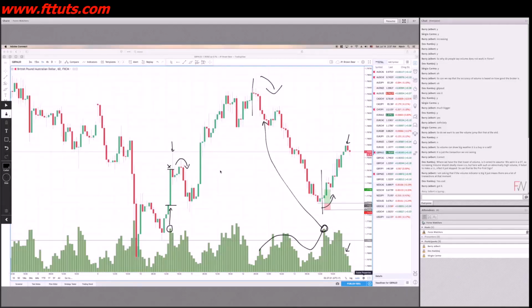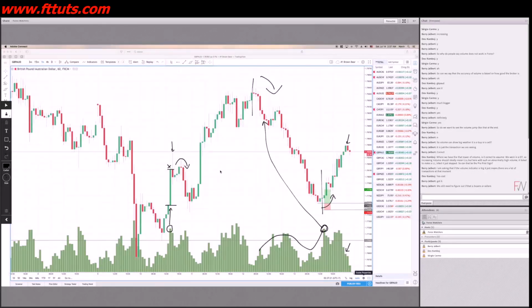Just like we do gauging momentum, we look at all the pullbacks and we're trying to figure out what does a V formation mean, what does a test mean, what does an aggressive V mean, or a lopsided V formation mean. All of this meaning that we're trying to figure out, the volume is the same thing. We're trying to put it together with the meaning, and that gives you the edge that you need.